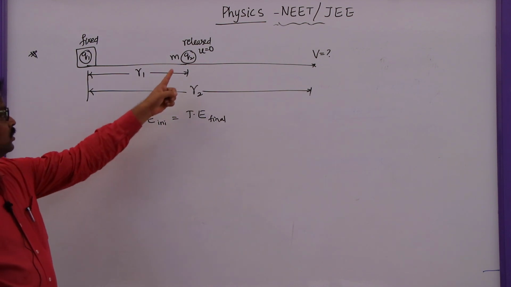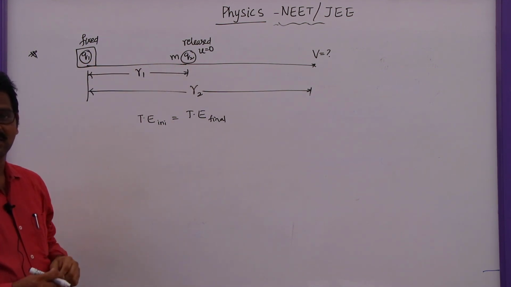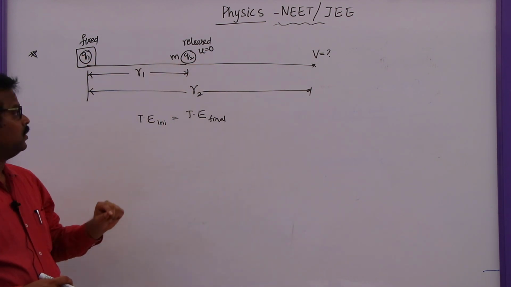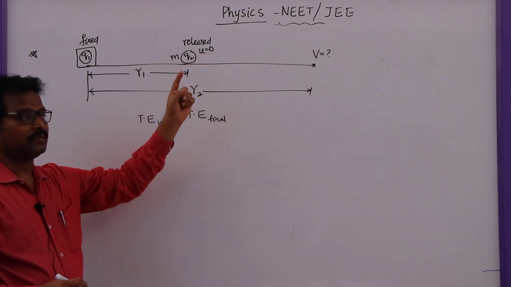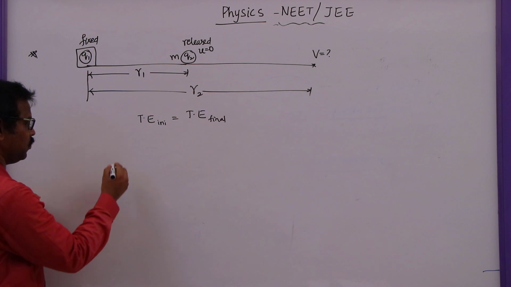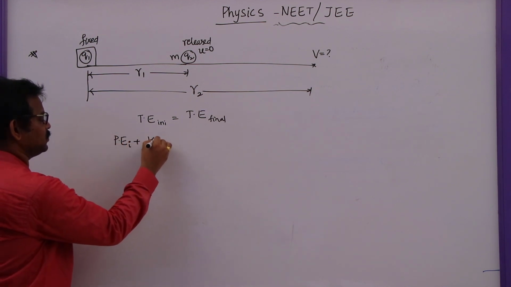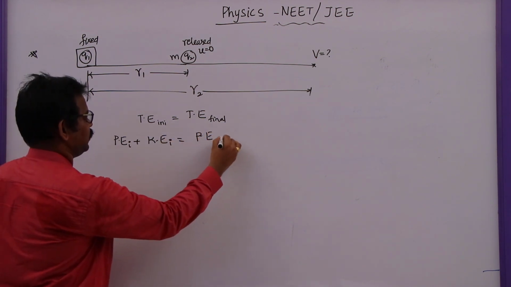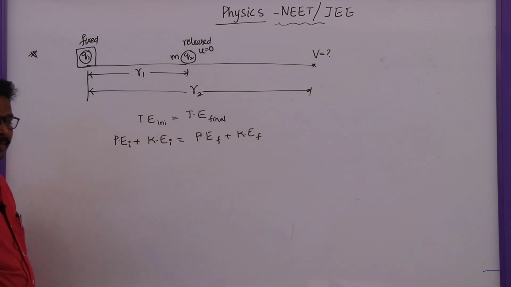So what is total energy? When these two are separated by some distance, the system has electrostatic potential energy, because both are at rest initially. And now initially it is at rest, so the kinetic energy of this charged particle initially will be 0. So what I am going to write here: PE initial plus KE initial is equal to PE final plus KE final.